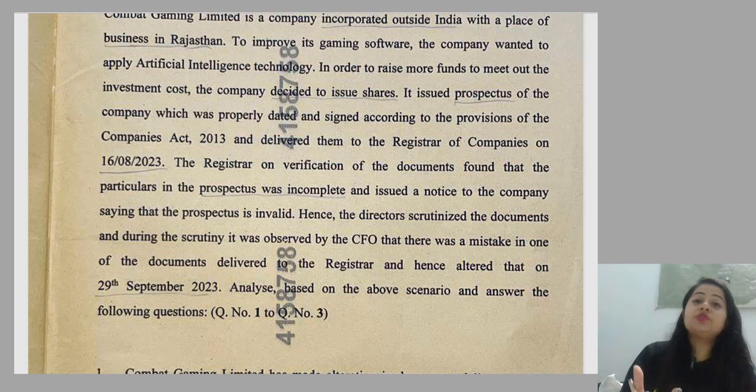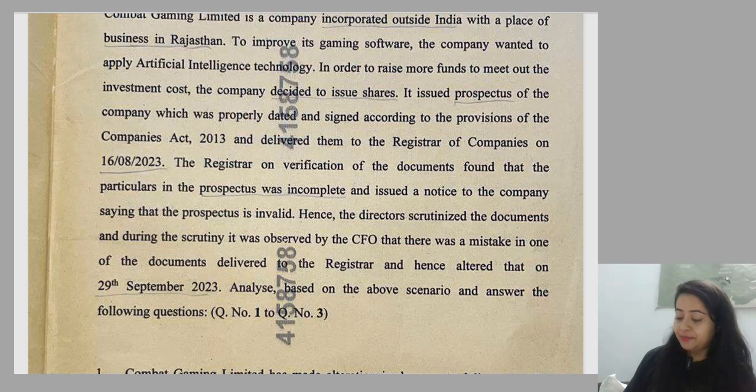Once they submit all of the documents for registration, if any of the documents that are submitted are altered, then the altered documents also have to be resubmitted to the Registrar of Companies in New Delhi. This is given in your section number 380 of the Companies Act, right?